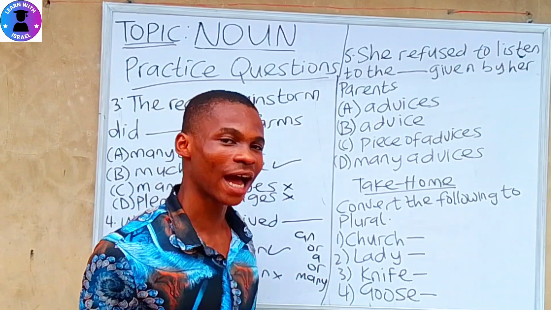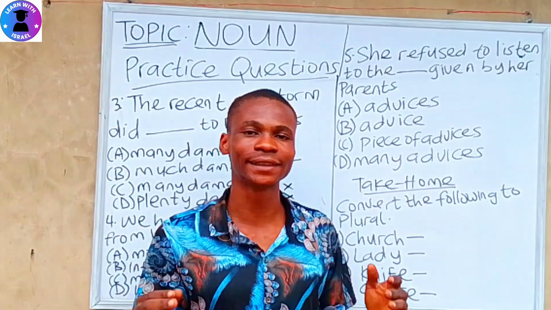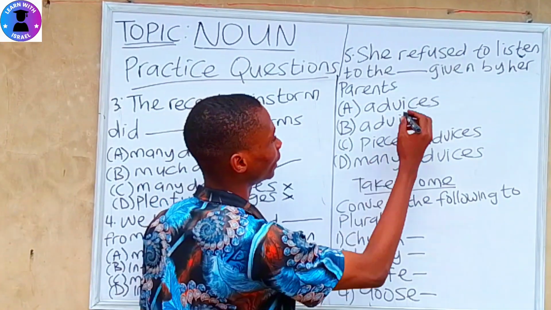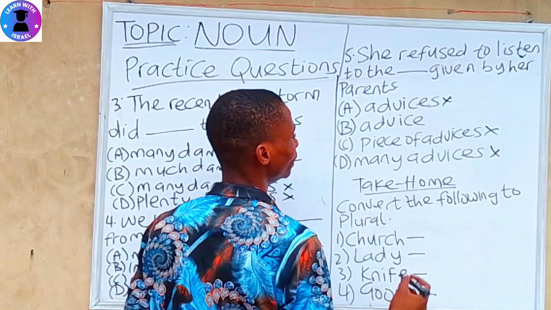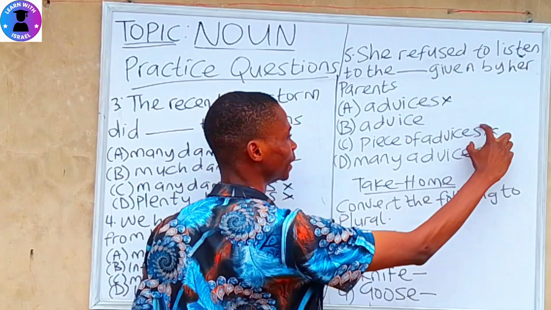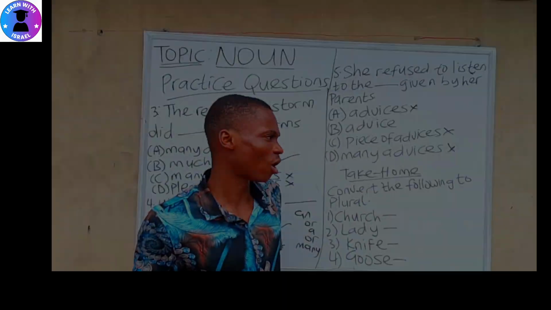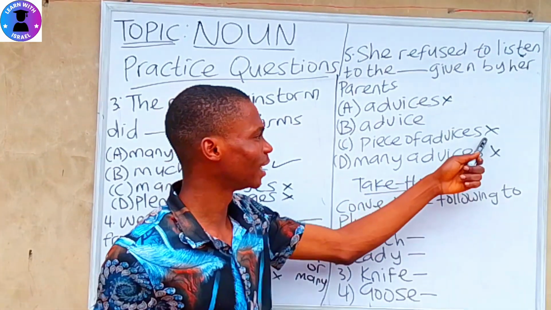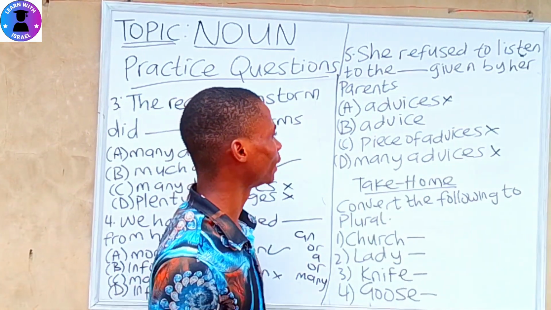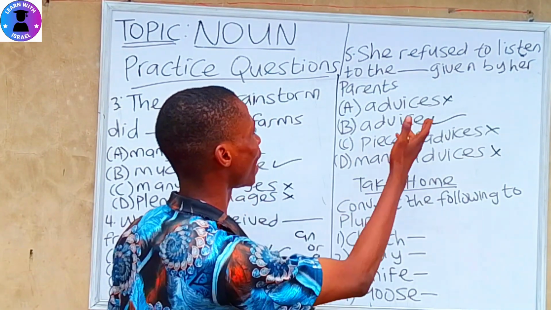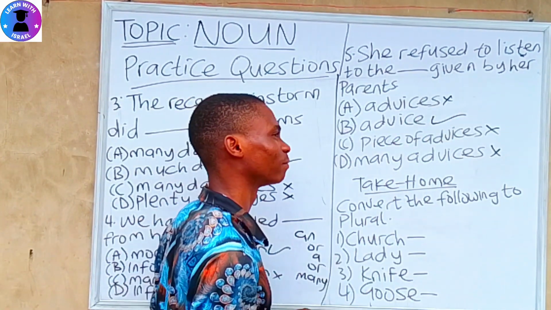I also said earlier that adding S to advice makes it wrong. So options A, C, and D are eliminated. Assuming we don't have the addition of S, option C would be correct, since piece of advice is correct. But since the S is added here, it's also wrong. So the correct answer is advice. She refused to listen to the advice given by her parents.